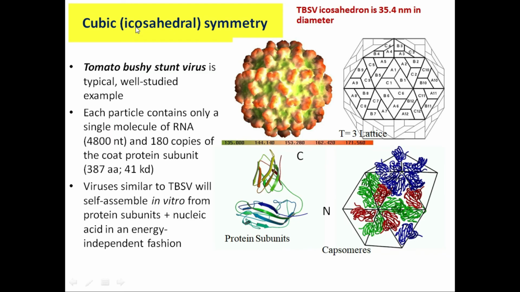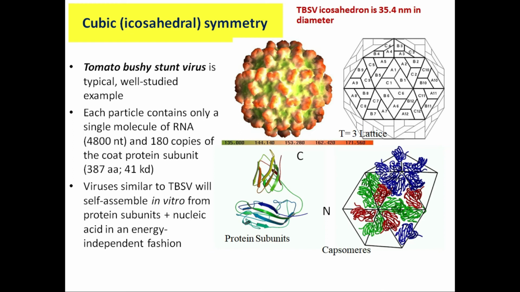Then the viruses with icosahedral symmetry, or spherical viruses. Here, tomato bushy stunt virus is a typical well-studied example in this category. Here, each particle contains only a single molecule of RNA, which is 4800 nucleotides long, smaller than tobacco mosaic virus.